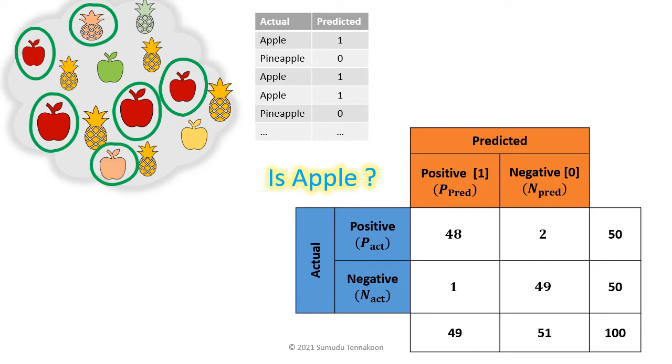Like I said, your model is not perfect, so it can tell you they are not apples, but they are actual apples. Now let's focus on the second row, the actual negative. We had one that is not an apple, but your model tells you it's positive, an apple. It's a wrong prediction as well. And the second value in the second row, we have 49 non-apples, which are not apples for sure, and your model also tells you they are not apples. So that is a true negative.